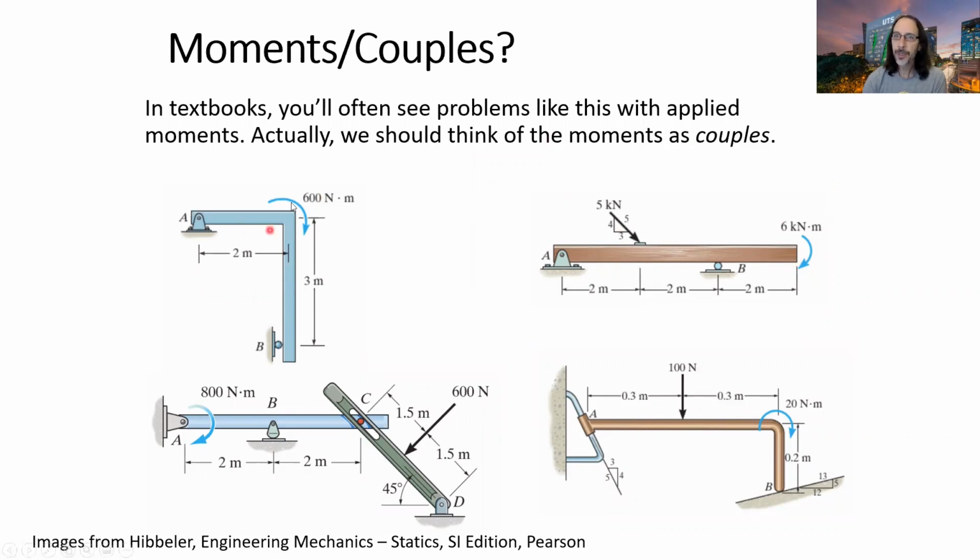So if you're going to draw a free body diagram and try to solve the reaction forces for this problem, which we'll do in the next topic when we look at rigid body equilibrium, think about how you are going to deal with this 600 Newton meter couple or moment. What I see a lot of students mistakenly do is put a force somewhere. But you can't do that. The only way you can do that is because this is a couple.